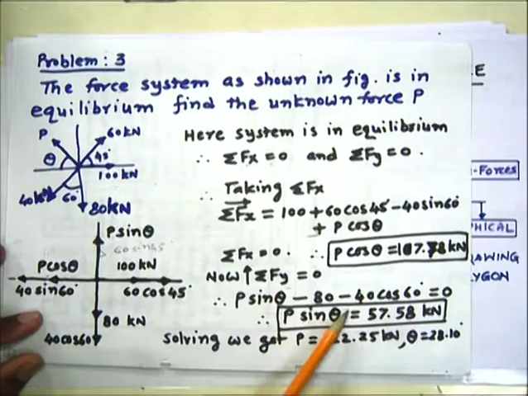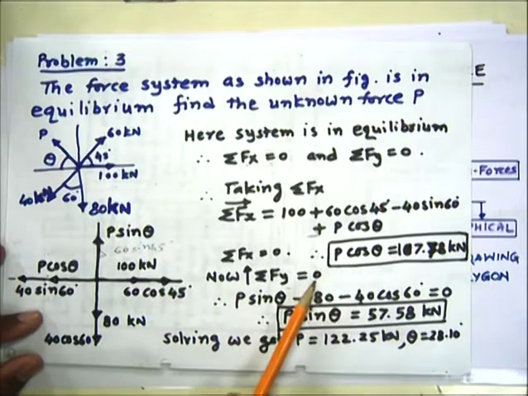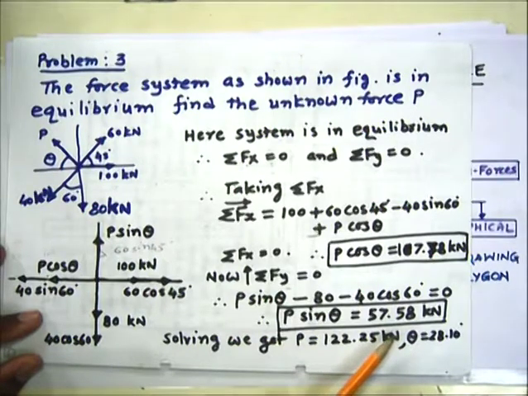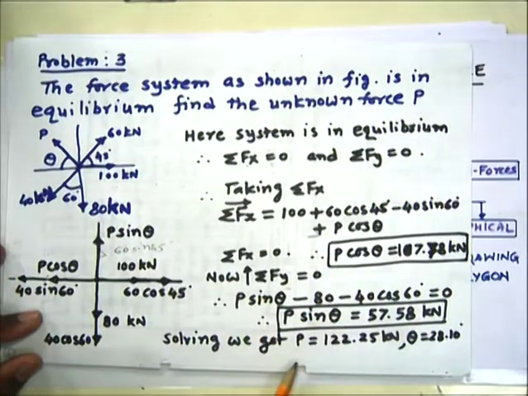Say this is equation 2 and this is equation 1, so equation 2 divided by equation 1 will give the value of tan theta, so first you get theta as tan inverse of that value, and then putting that theta value in any equation we get the P value, which is 122.25 kN.